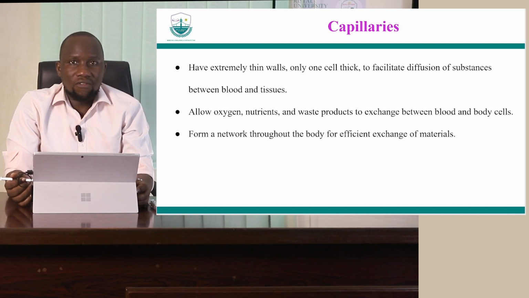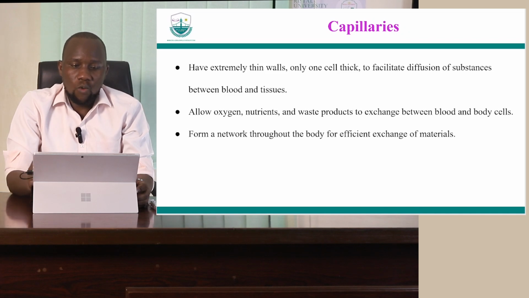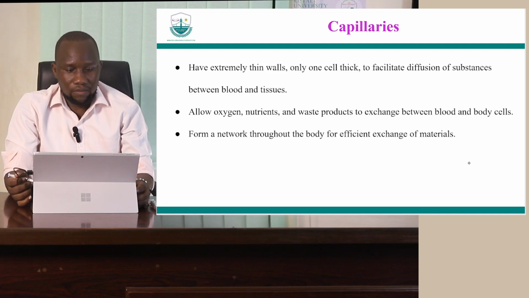So capillaries are very thin. They have thin walls, one cell thick, so diffusion can easily take place. The diffusion of nutrients and the other waste products happens at the capillaries.